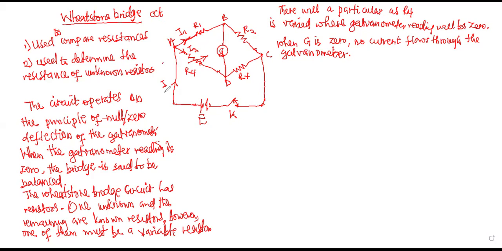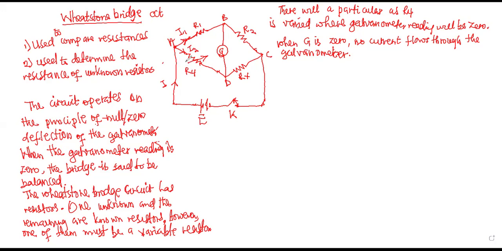Okay, listen. I said R1, R2 are known resistors. Rx is unknown. R4 is variable, meaning we can vary it at any time.